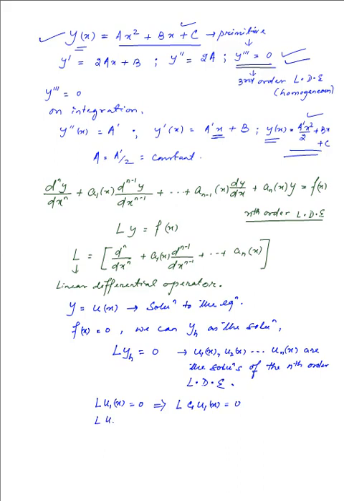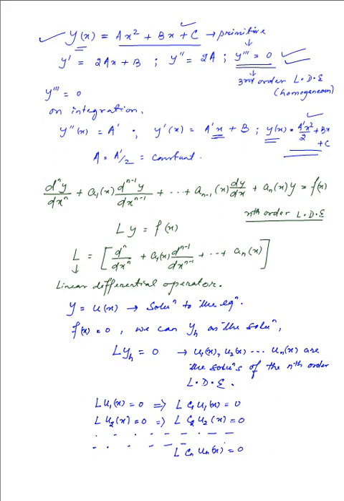Similarly, L acting on u2 is going to give me 0, and we can again multiply a c2, which does not really make any difference except for a constant value, and likewise we can have terms right up to L of cn un of x equal to 0.